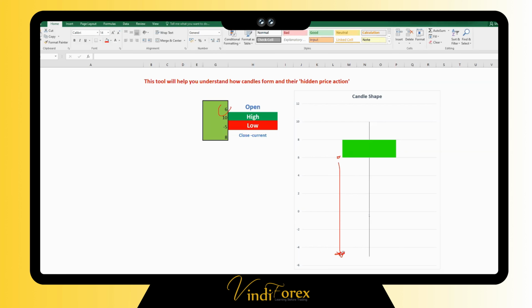It went low to -5, meaning these sellers were very active. Red for sellers. But the current price is at 8. And if it was to close there, that's why I named current and close the same, it will close high, not down there. It will close at 8.